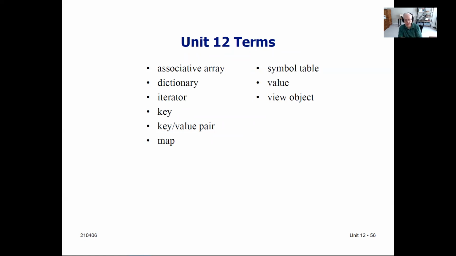Remember that from the very first or second slide in the stack for this week, because I want you to remember the different names for a dictionary. You're going to run into this in your future career in technology, and I want you to not be surprised by certain terms. So just realize that associative array, dictionary, map, and symbol table are essentially all the same thing.